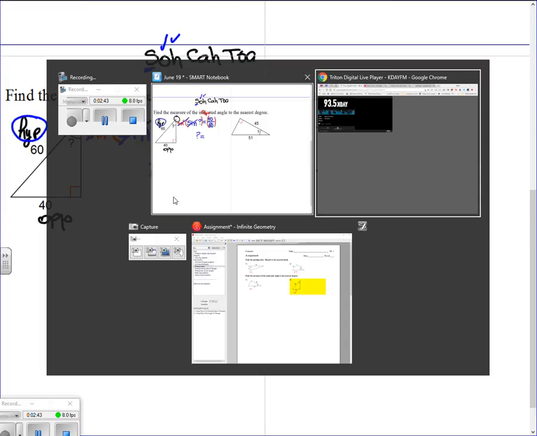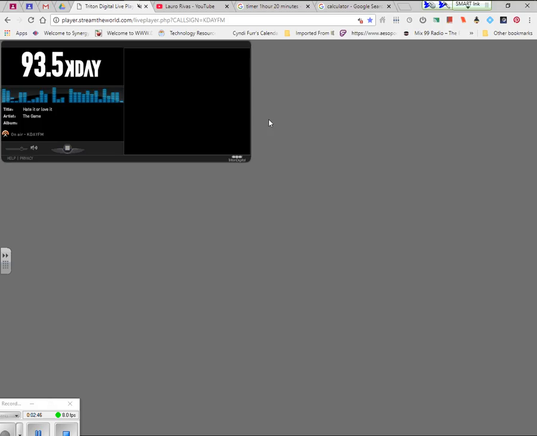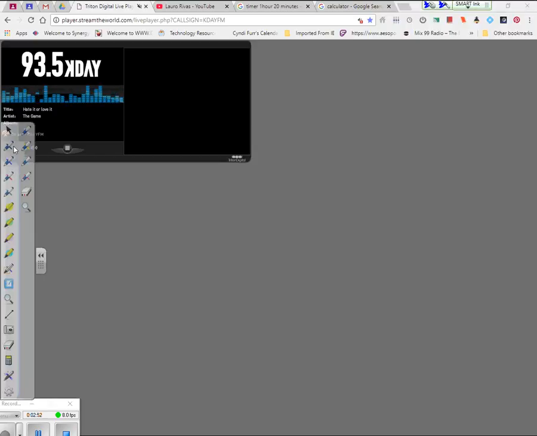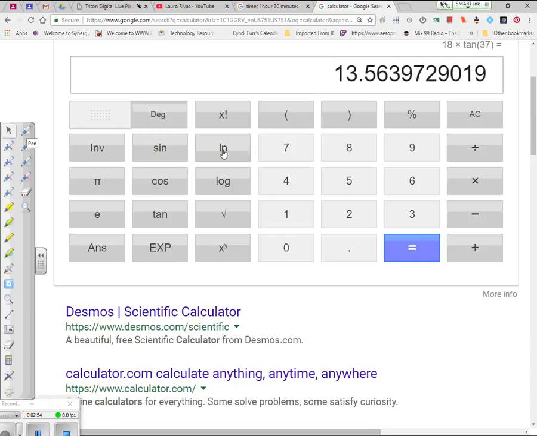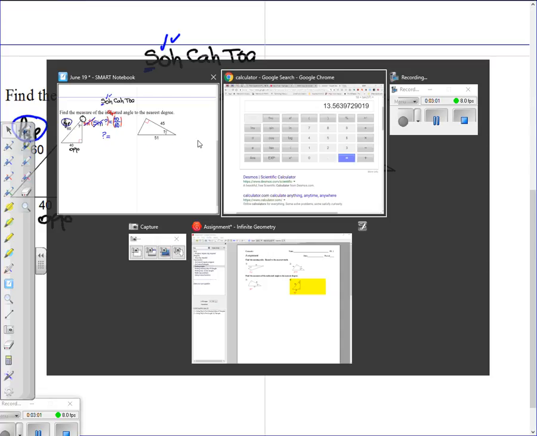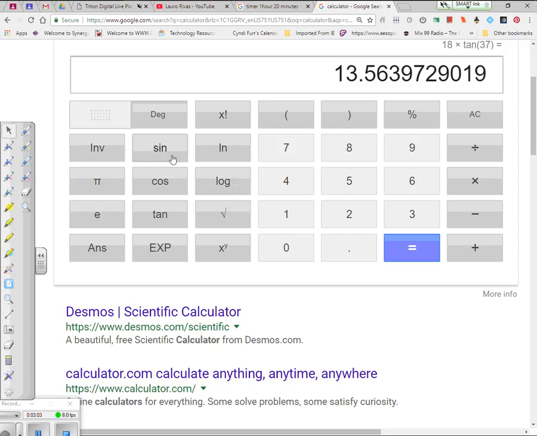So I need my calculator. To use the calculator, remember I have to be in degrees. Here's what you need to do. I need to do the arc sine of 40 divided by 60. If you notice, there's no sine to the negative 1 on here, so you have to click on the inverse.